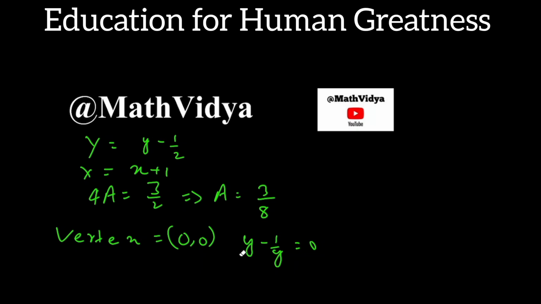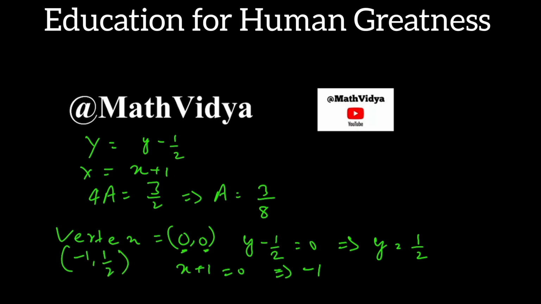So I'm just going to remove this and instead write 2. That means y = 1/2, and x + 1 = 0. The X coordinate is 0, the Y coordinate is 0, so x will become −1. So the coordinates are (−1, 1/2).